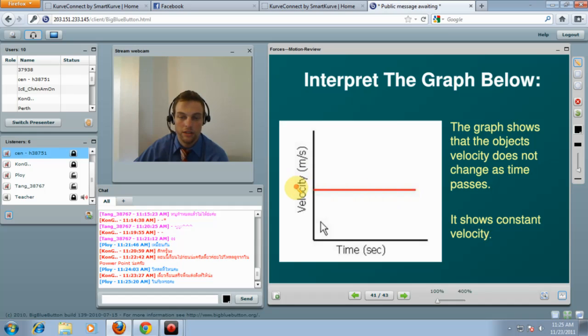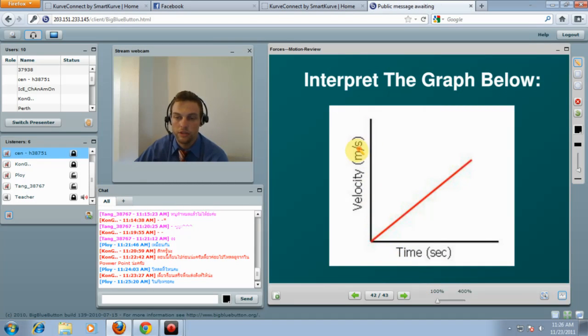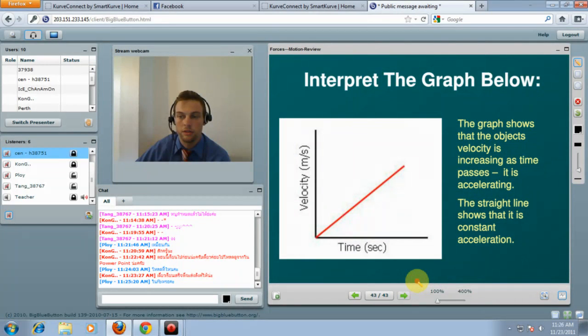Constant velocity means there is no acceleration. But when you have velocity over time, this is a graph that you'd use to show acceleration. So what's here? This is kind of similar to constant speed, but instead we're using meters per second per second. It's constant. It is accelerating.